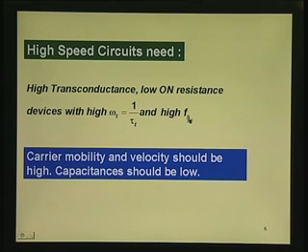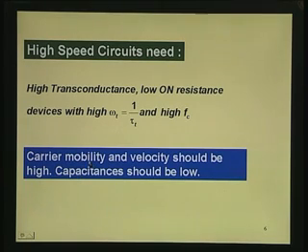All these can be achieved by tailoring the key parameters, the channel length and mobility. Increase the mobility, reduce the channel length. That is what we saw just now. So, carrier mobility, which governs the velocity, should be high for achieving all these things.